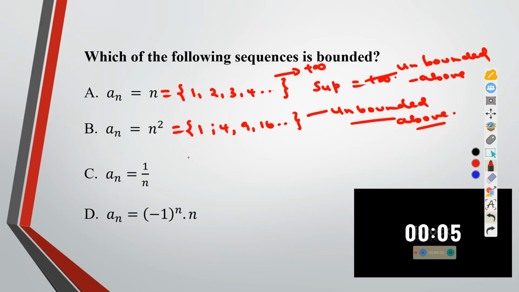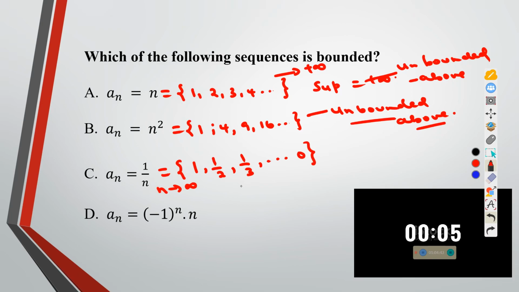Okay, so when you look at this sequence here, it is between 1... So let us first list the elements: 1, ..., 1/3. So it goes on, but it does not exceed 0. So even if n keeps on increasing, the sequence does not exceed 0.